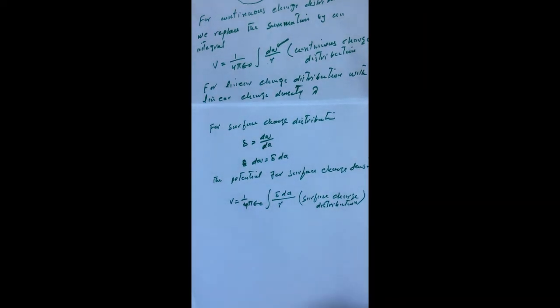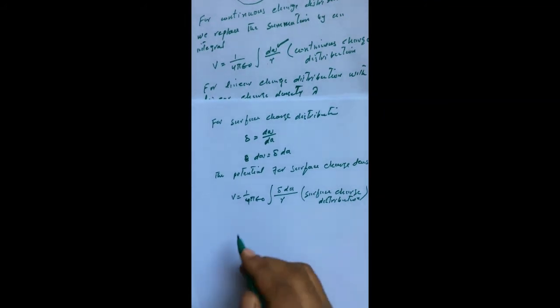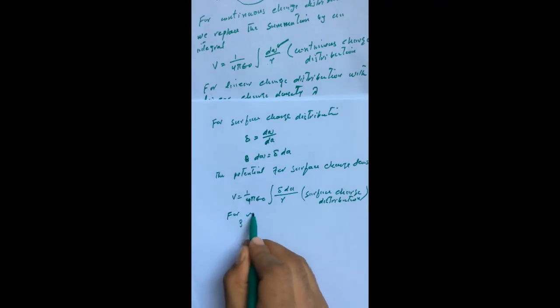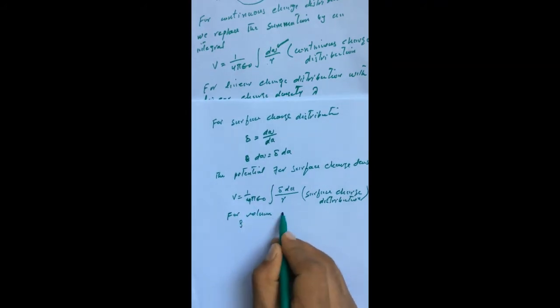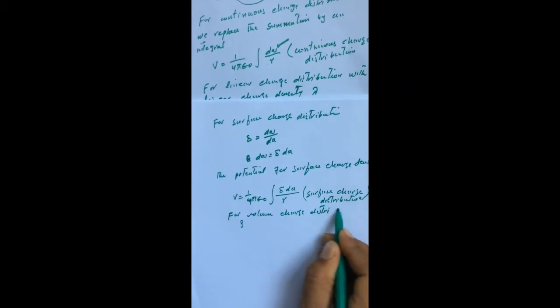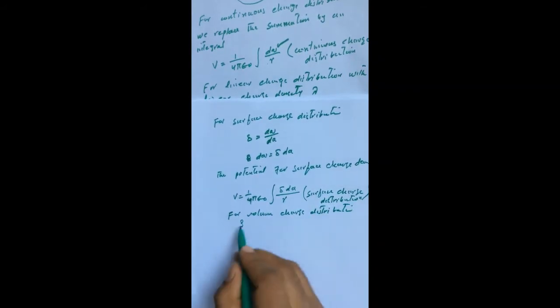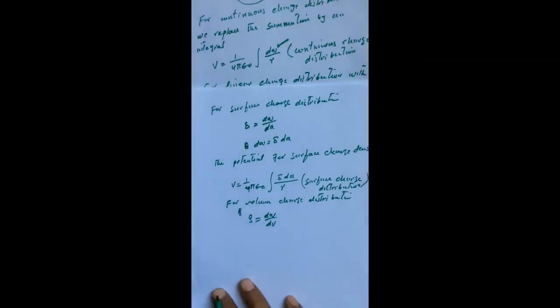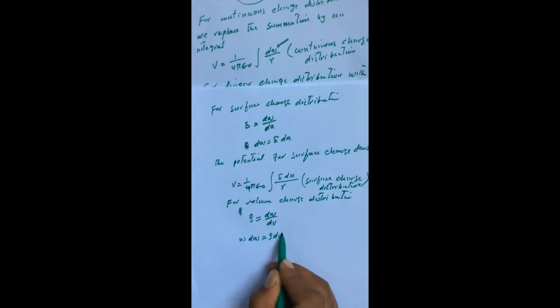Similarly, if the charges are inside a volume, for volume charge distribution with volume density rho, which is equal to dq over dv, from this we get dq is equal to rho dv.